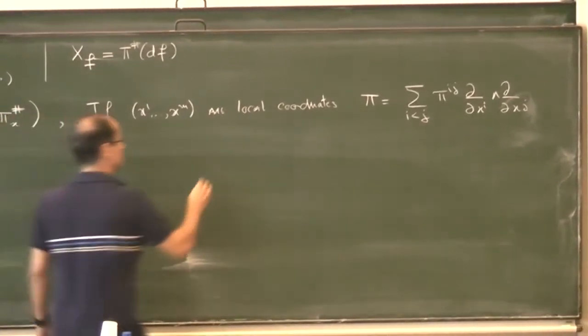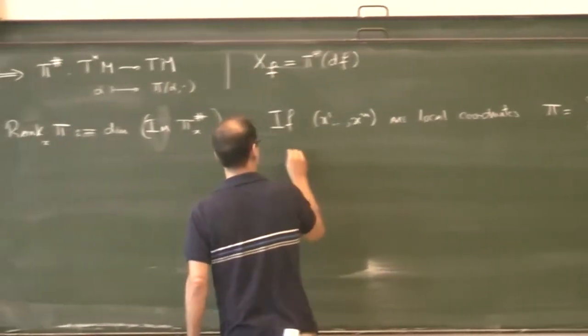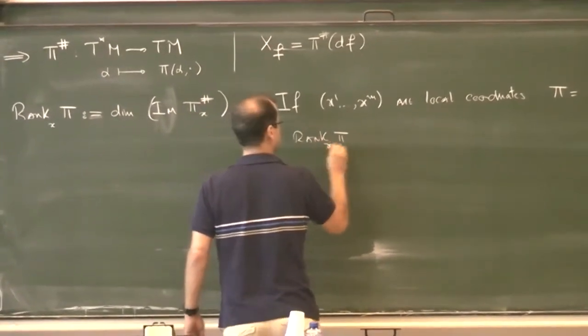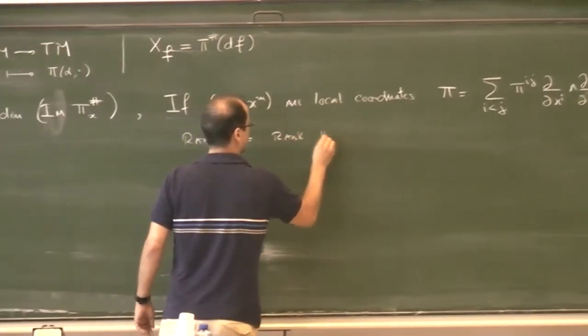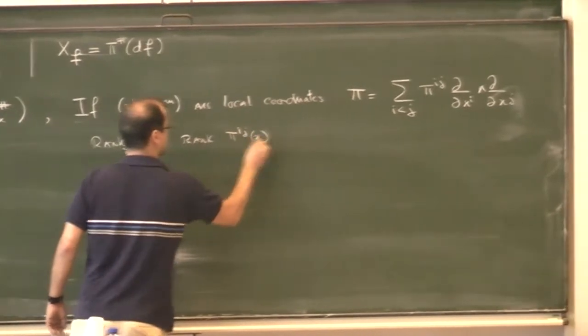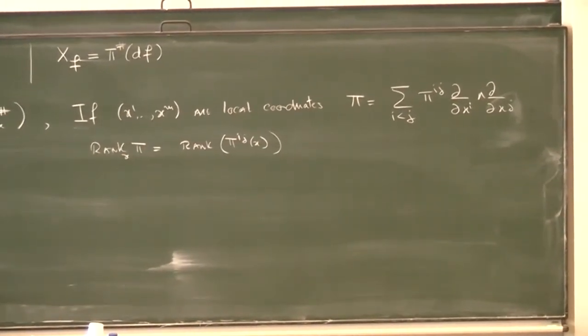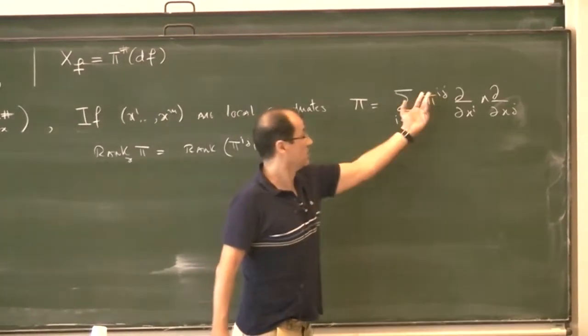And the rank of pi at x is simply the rank of the matrix pi ij at x. And this doesn't depend on the choice of coordinates. Now, this pi ij is skew-symmetric in i and j.